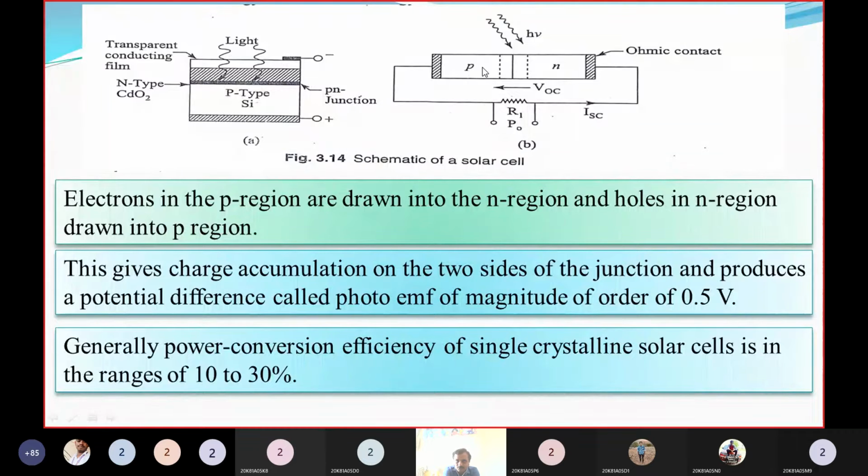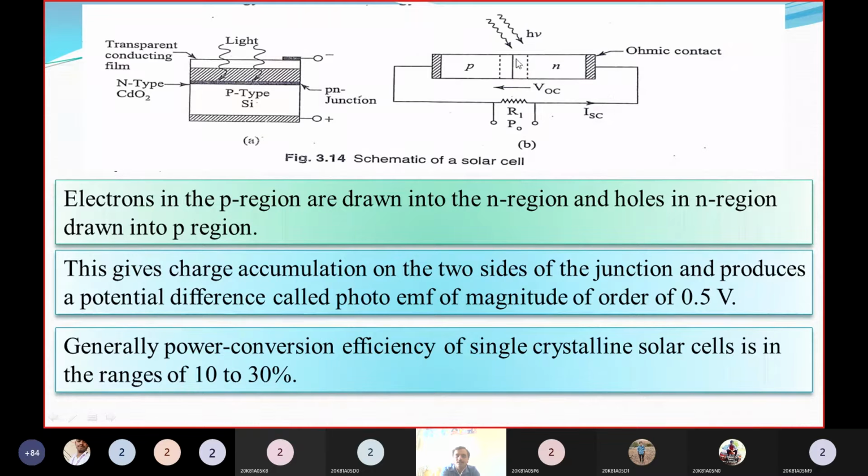These electrons try to come to the N region and accumulate at the junction. Similarly, in the N region, when light is incident, electron hole pairs are also generated. Holes try to move from the N region to the P region and are accumulated here.